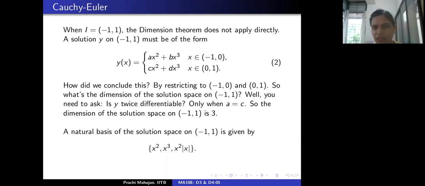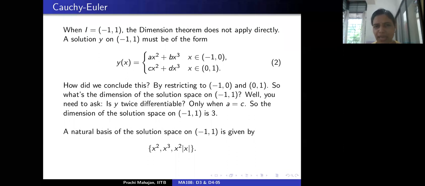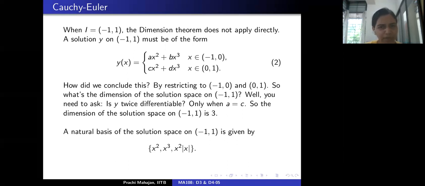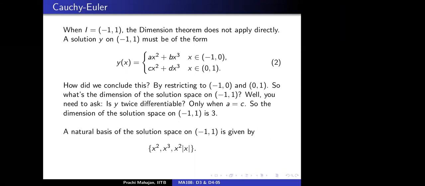See, you can't take 0 on 0 to 1, because then linear independence is lost. If you want two linearly independent solutions on the interval 0 to 1, one of them cannot be identically 0. Right, but we are considering the whole interval -1 to 1.